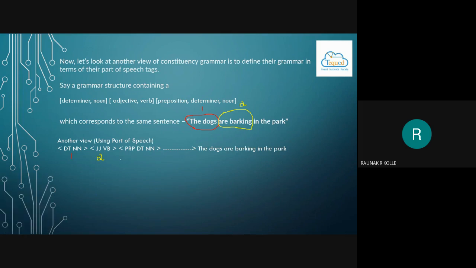And finally, for preposition, determiner, and noun, you would number it three. And the last part of the sentence, that is in the park, would be categorized into the preposition, determiner, and noun. Now, combining one, two, and three, we get the sentence: the dogs are barking in the park.